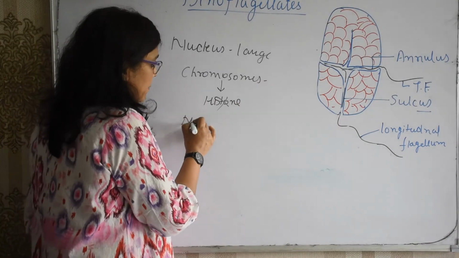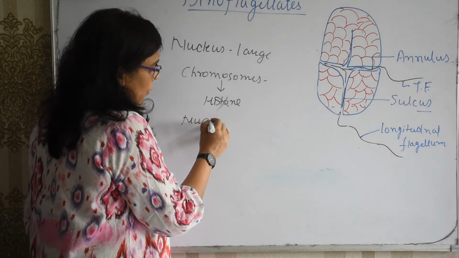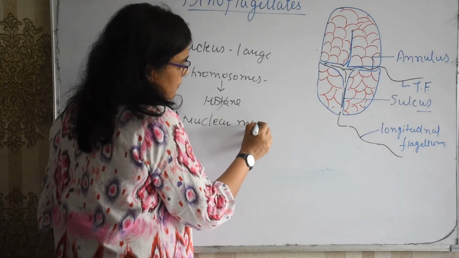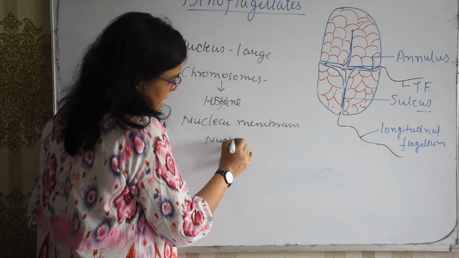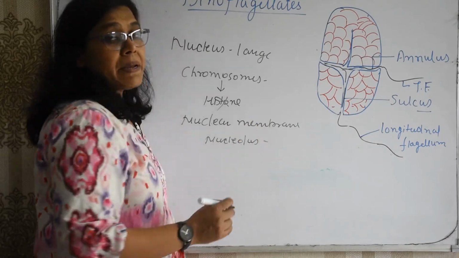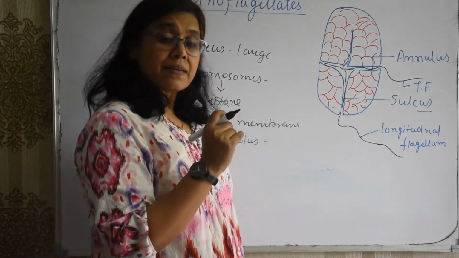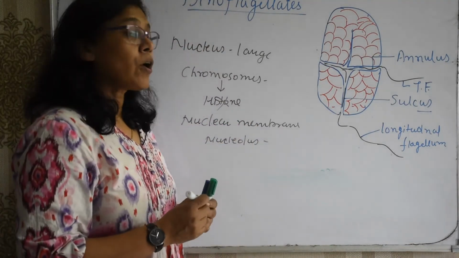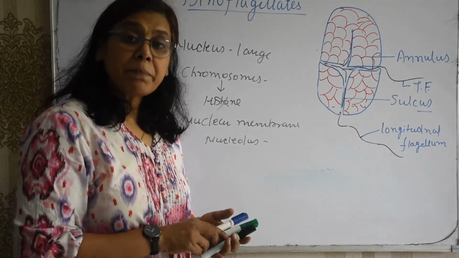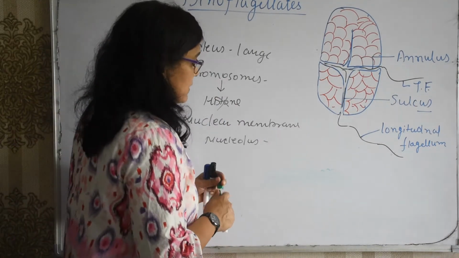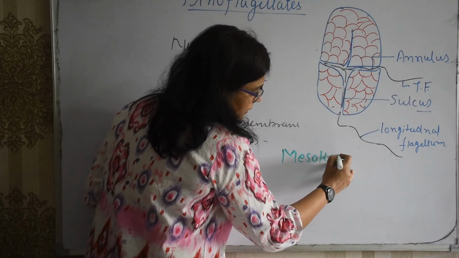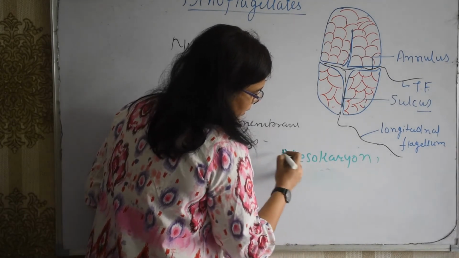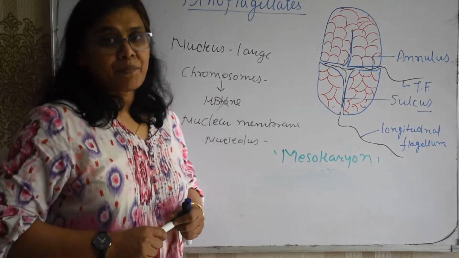And the nuclear membrane and the nucleolus remain present during cell division, and this type of organization is known as mesokaryon.